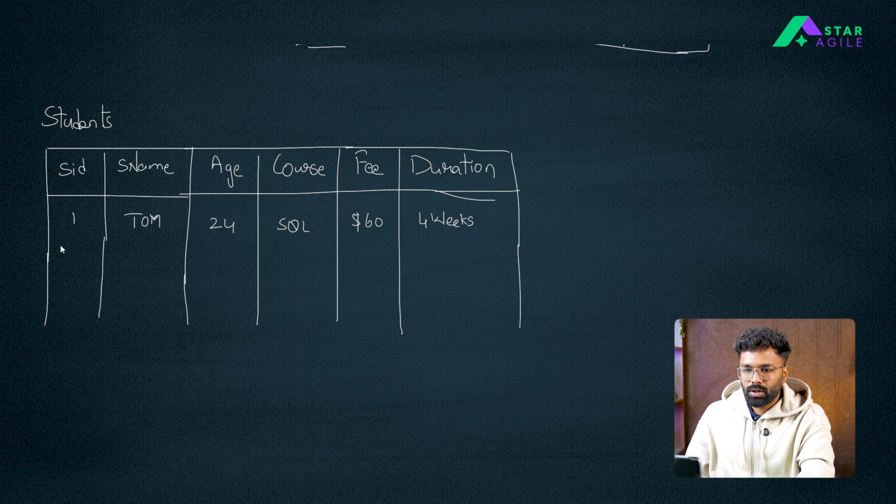Now let's say one more record, student name and age of 26, and the course is SQL, a fee of $60 and also a duration of 4 weeks. Like that, for every student I insert the same kind of data: the student ID, their name, their age, the course they are studying, the fee for that course, and the duration of that course.